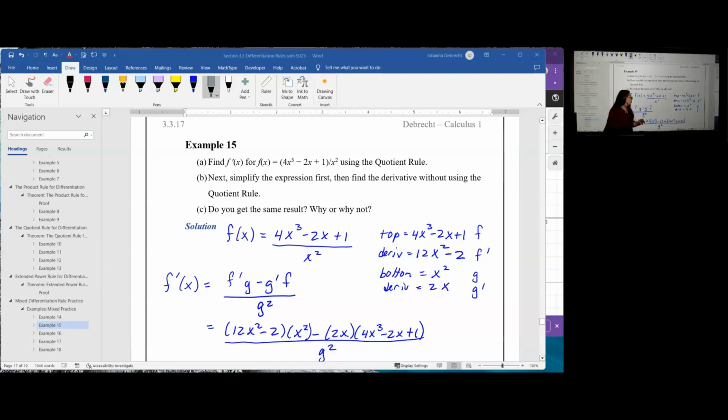Let's see what we got. When we apply the derivative rule to this function, we have a bit of an issue because we named this function f and not h.